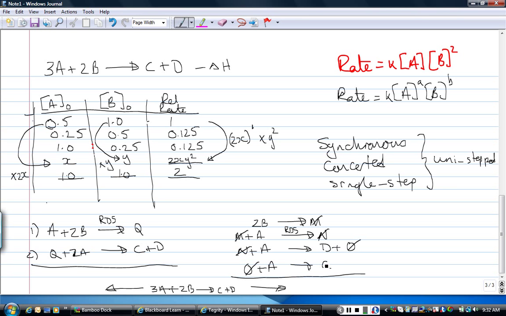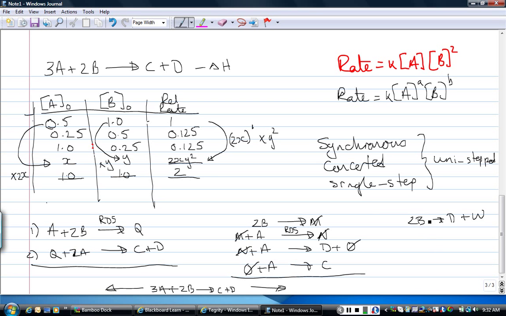Now you want to be careful here, because it is okay to create one product before the other. I don't have to make C and D in the same step as I did here. But the one thing you must be very careful of is that you cannot make a product unless both reagents are involved. So I could not, for example, have said 2 B's react to give D plus W.